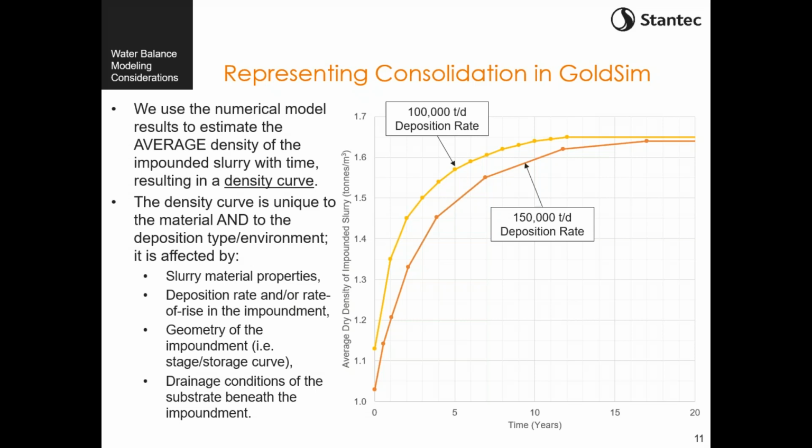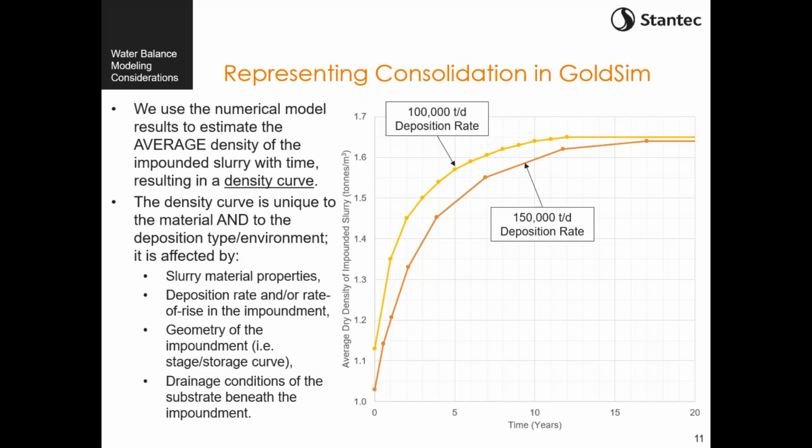And with these numerical codes like FS Consol, Condis, and others that are out there, these density curves are a direct output. So you'll input material properties, you'll input a stage storage curve, you'll input a deposition rate, or really a rate of rise, and you'll input drainage conditions for your impoundment. And the output from that analysis will directly be this curve.